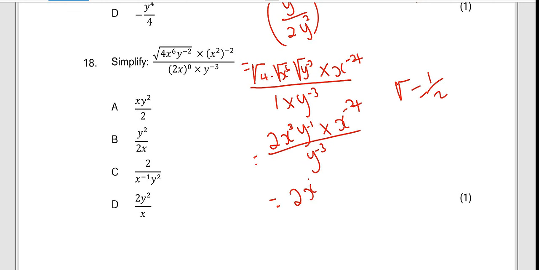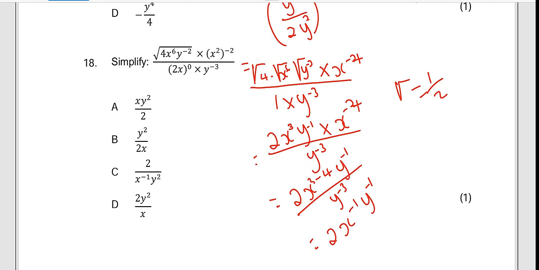It is 2x³ minus 4, and then divided by y minus 1 divided by y minus what? Minus 3. And then I will have 2x minus 1, y minus 1.